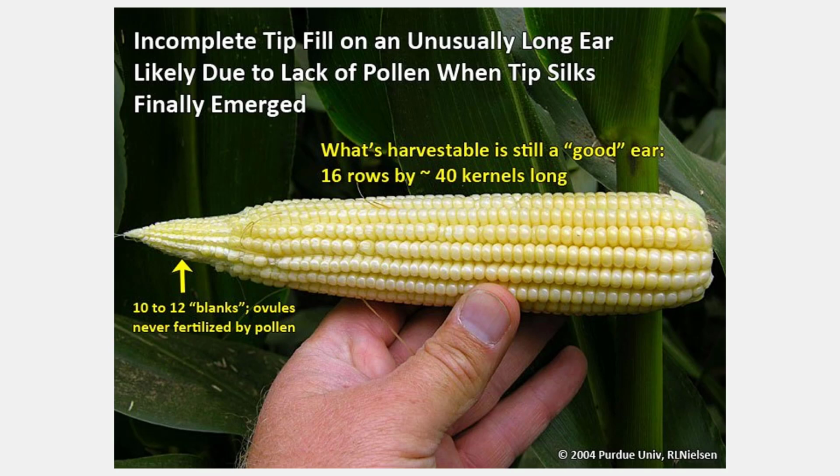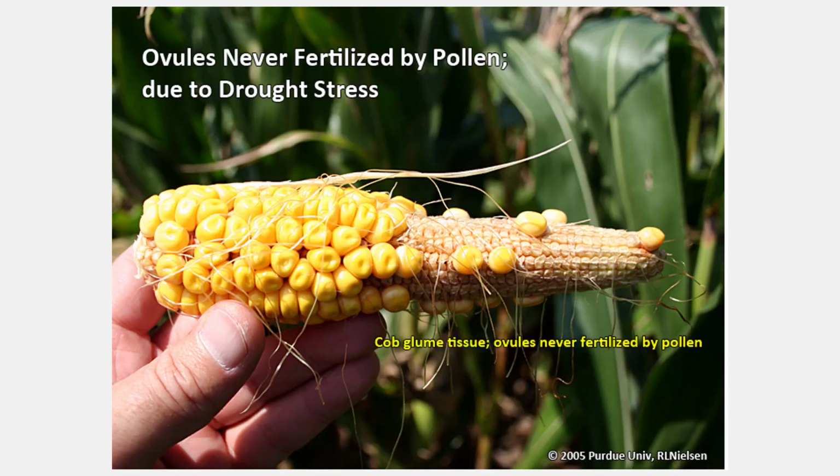So sometimes with wind-pollinated flowers, you don't get everything fertilized. Here is an incomplete tip on a long ear, an unusually long ear, because there was a lack of pollen when the tip silks finally emerged. I'm sure you've seen this. And then this is due to drought stress.